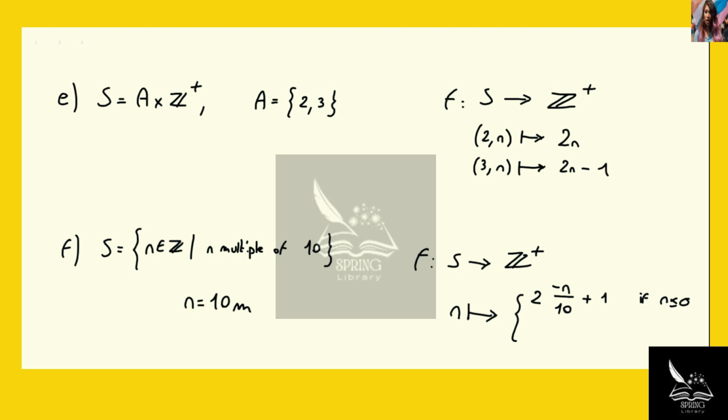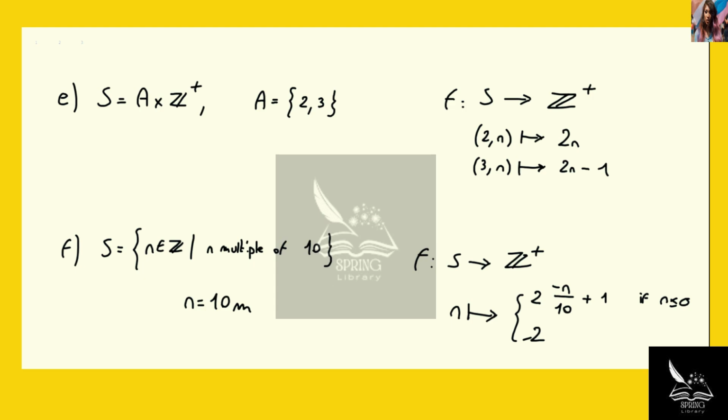So if n is either 0, minus 10, minus 20, minus 30, what we get is minus n divided by 10, which becomes just this number m, which is 0, minus 1, minus 2. Then when we place the minus in front, it becomes 0, 1, 2. So we multiply that by 2 and we add 1. So this first branch here is sending the elements 0, minus 10, minus 20, minus 30 to all the odd numbers, so 1, 3, 5, and so forth.